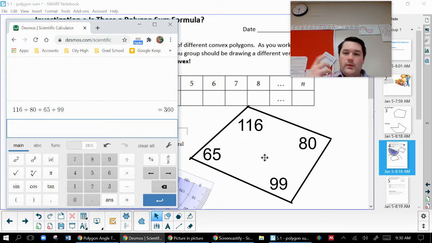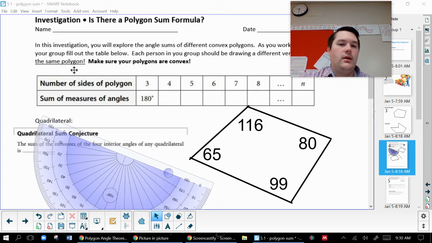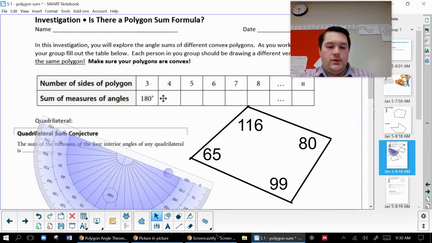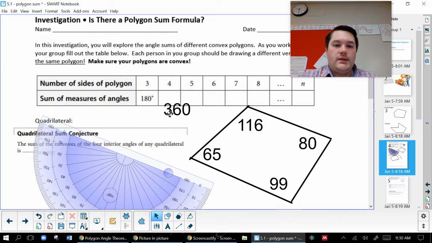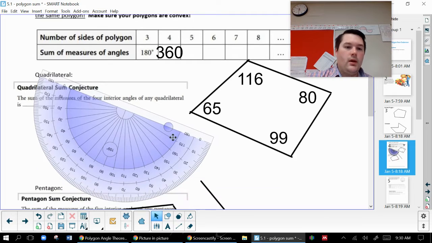But once we get a whole classroom of people together, some are bigger than 360, some are less than 360, but it's pretty clear that we are looking for a number that is pretty close to 360. And so four-sided shapes always have 360 degrees as the sum of their interior angles. Just talking about these four interior angles.